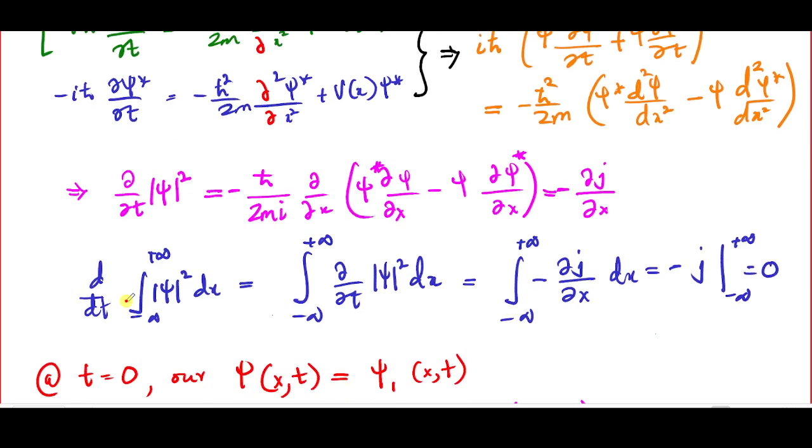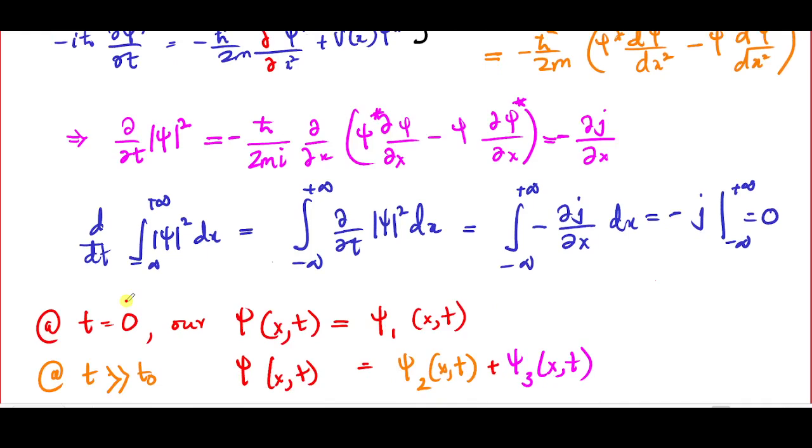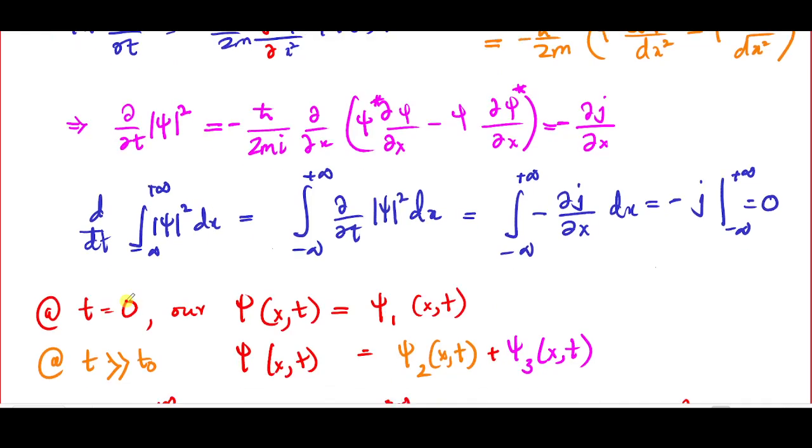For our particular wave function, at t equal to 0, psi(x,t) is given by just the incident part, psi1(x,t). And when t is much bigger than t0, psi(x,t) is given by the sum of psi2 and psi3, since, as we have already argued, psi1 vanishes there.